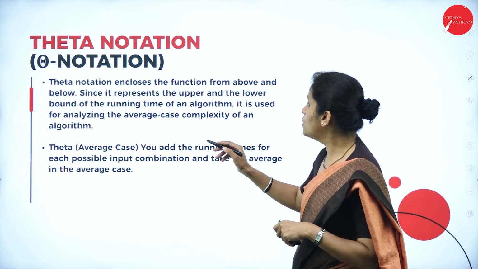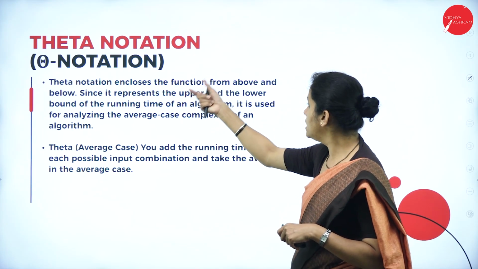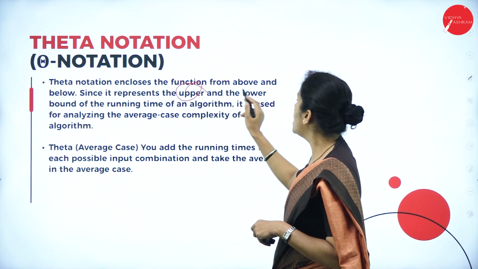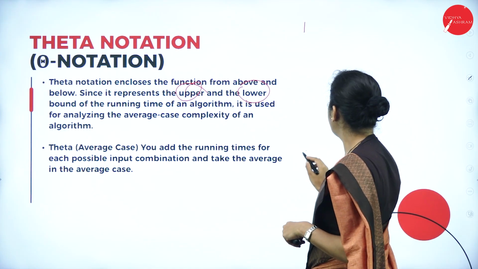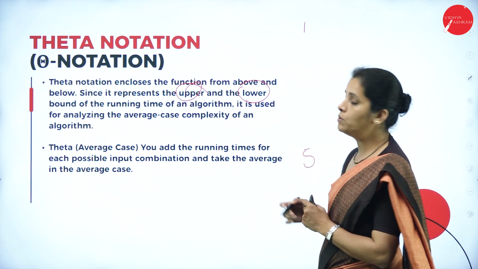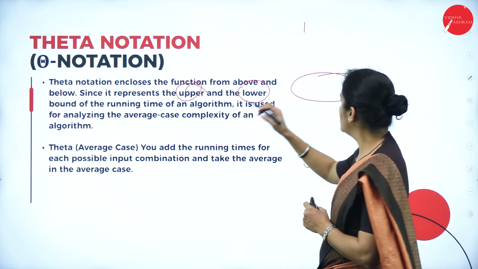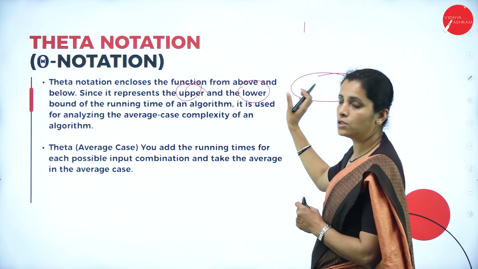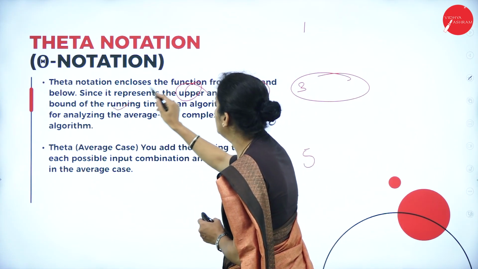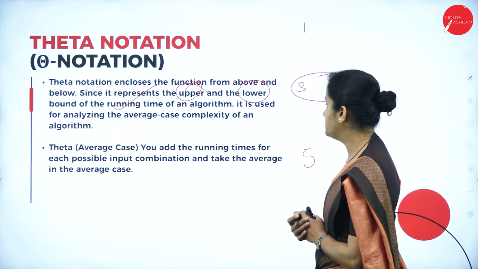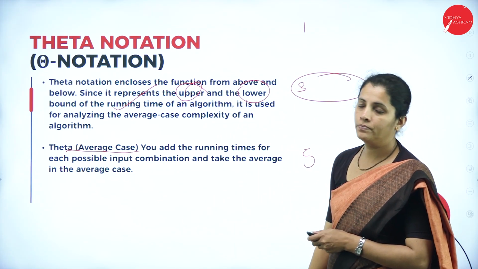So in theta notation, the range lies between upper bound and lower bound. 1 is my lower bound and 5 is my upper bound. Then theta notation lies in the middle, so it may be 3. So this is the running time of an algorithm. Theta is nothing but the average case.